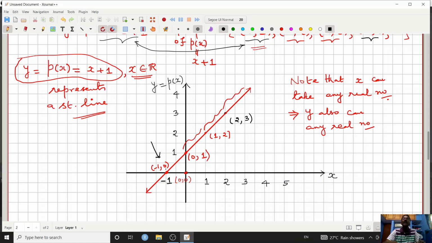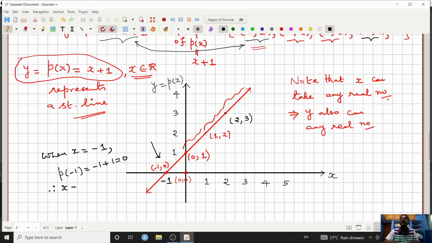What are the points? When x is equal to minus 1, the polynomial p of minus 1, namely minus 1 plus 1, becomes 0. So that is the 0 of the polynomial.